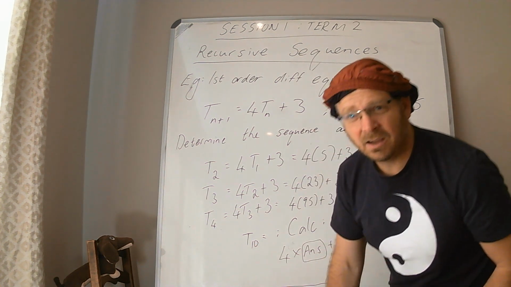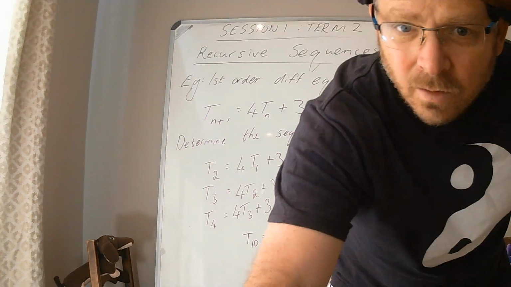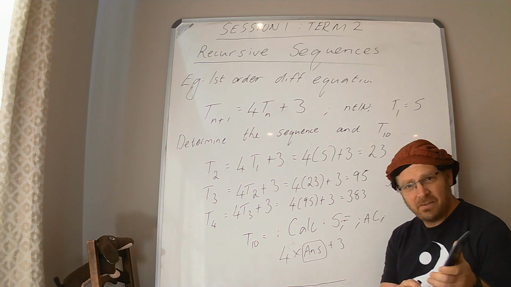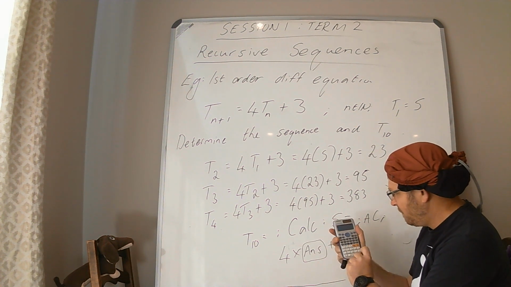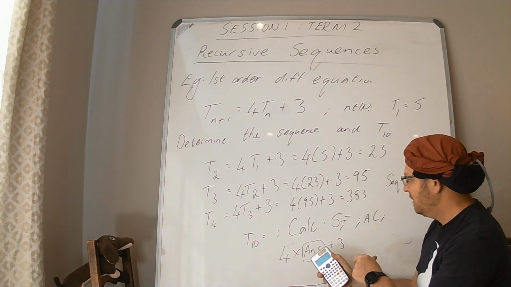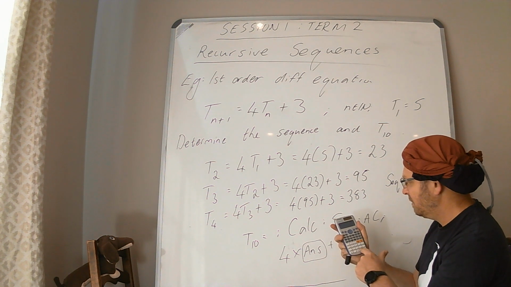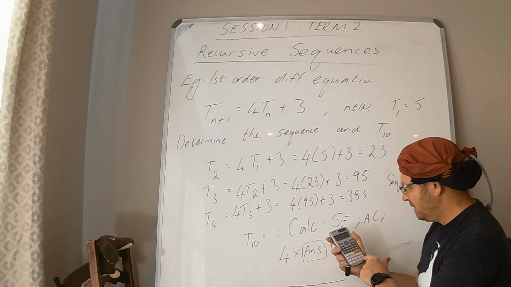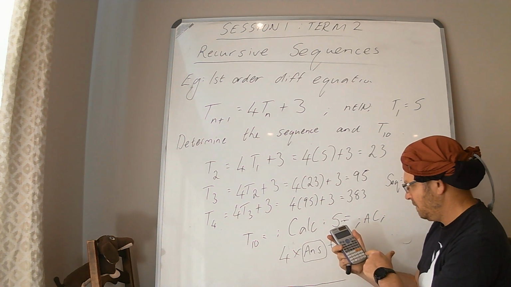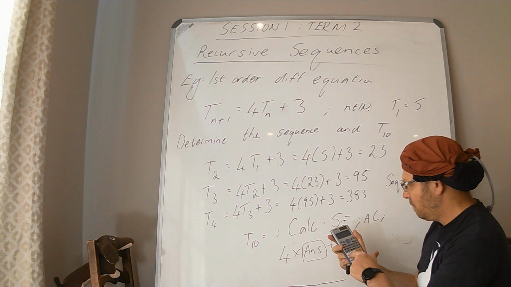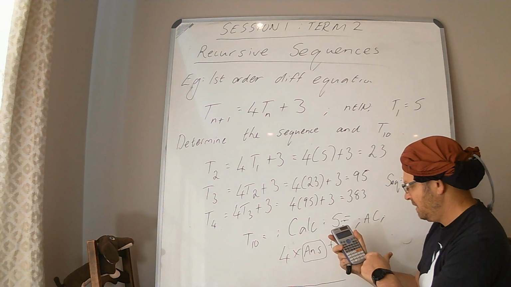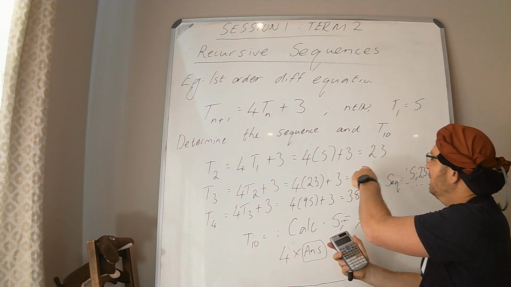Let's keep it as term 10. Try it and check that you understand your calculator. I just ran to get my calculator. So on your calculator, to work this out, you're going to go 5 equals, your first term, clear it, then you're going to go 4 times answer plus 3 equals, and you should get the next term, which we said was 23.